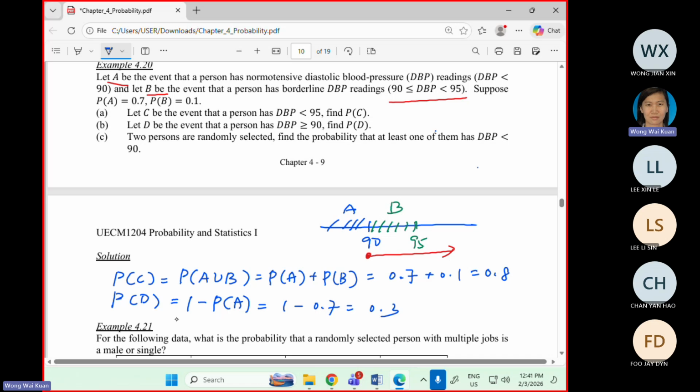Then what about the next part? Two persons are randomly selected. Find the probability that at least one of them has DBP less than 90. Less than 90 was A, right?